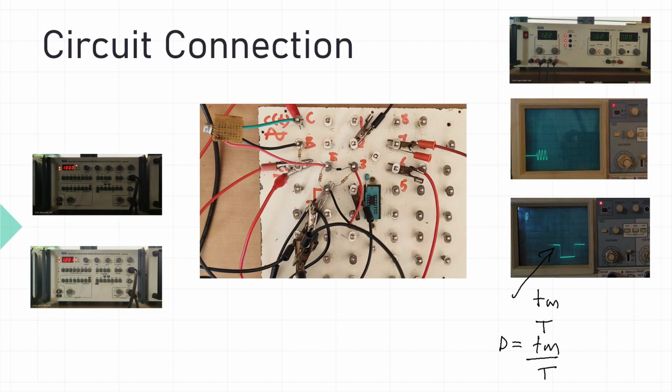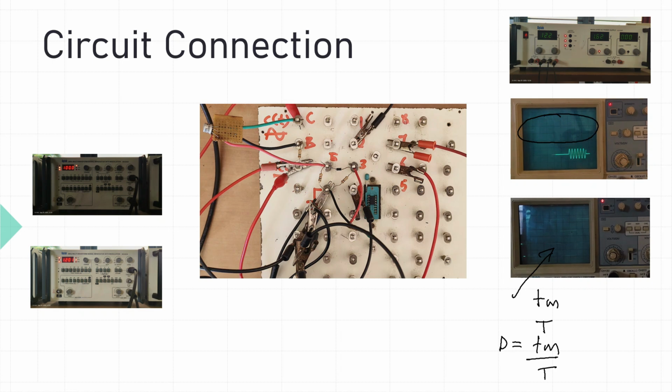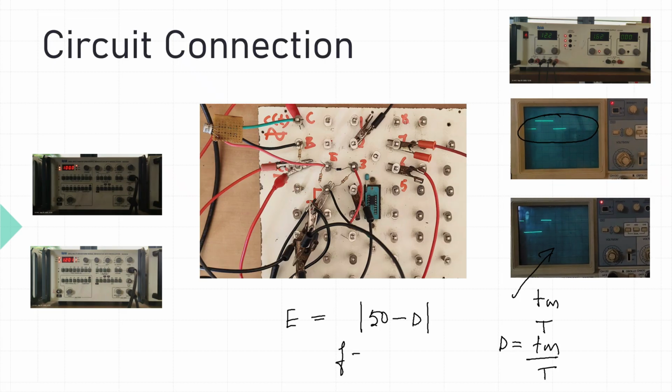What is the duty cycle of the message signal you are applying? That is 50%. 50 minus duty cycle, take this, that is your error rate. What is the frequency of the message signal?